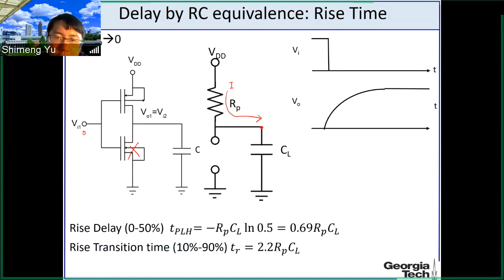So the voltage here will rise from 0 eventually to VDD. And by definition, for the TPLH, we look at half VDD, 50%. And then the delay here is TPLH.